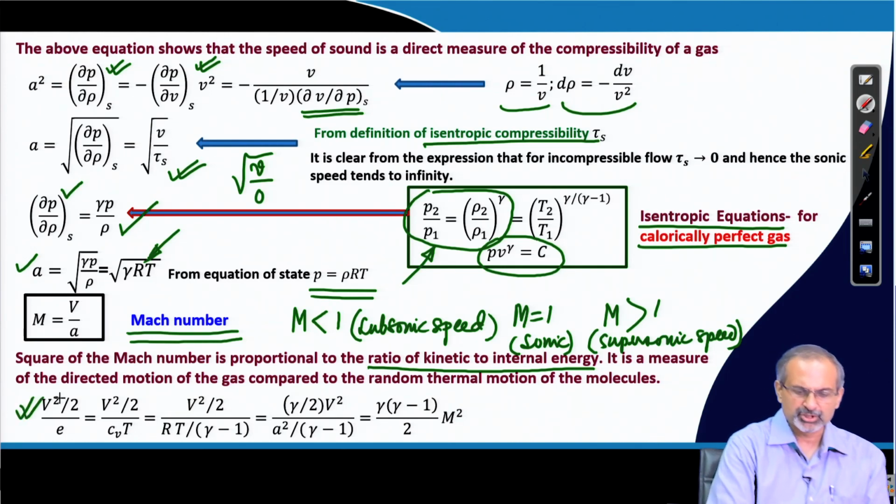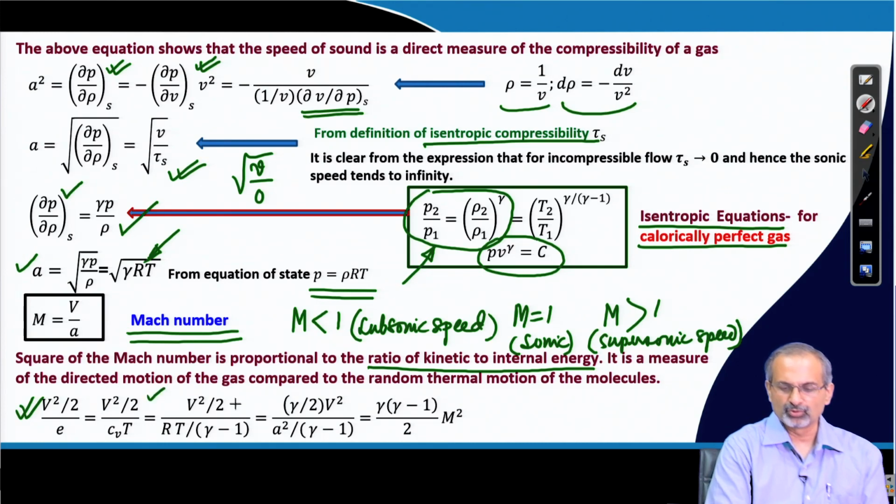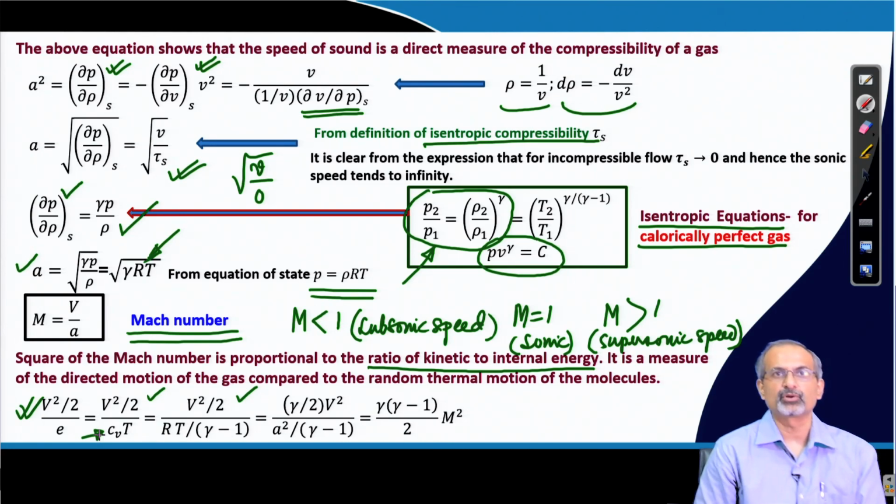So, when you take the ratio and take it through a few rounds of conversion by substituting e equal to CvT, which is true for a calorically perfect gas, and then RT by gamma minus 1 and so on, you will be able to show it as gamma into gamma minus 1 by 2 M square. That means the ratio of kinetic energy to internal energy is proportional to M square.